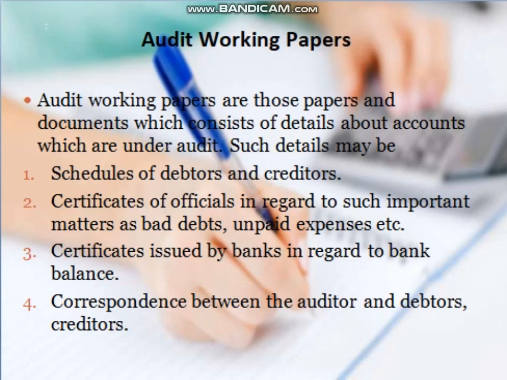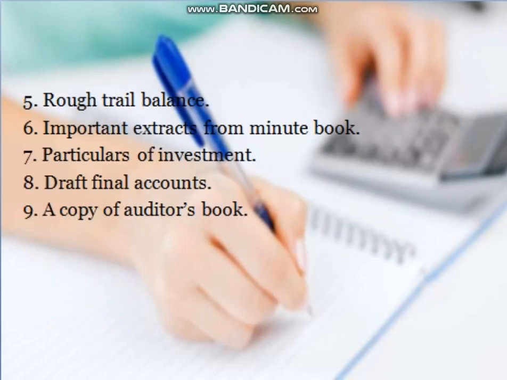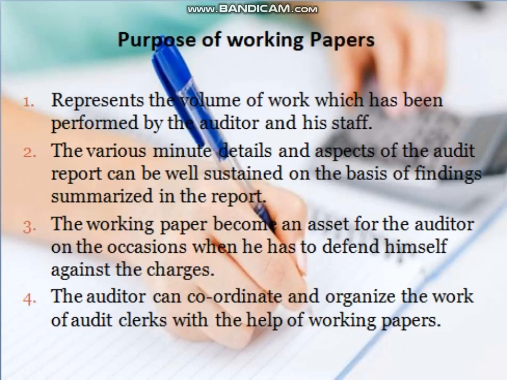It includes the details of correspondence between the auditor and the debtors and the auditor and the creditors. It also includes a rough trial balance and important extracts from minutes book. It includes the particulars relating to investment, a draft of final accounts, and also a copy of auditor's notebook.